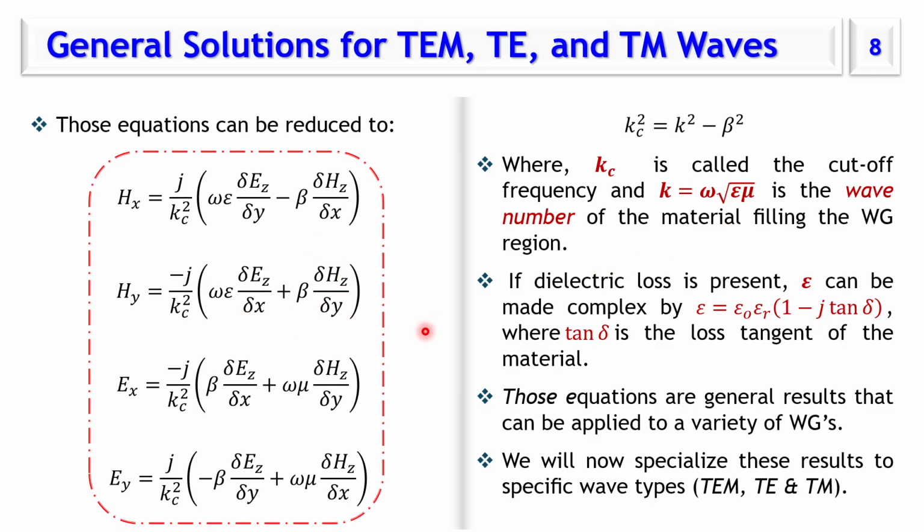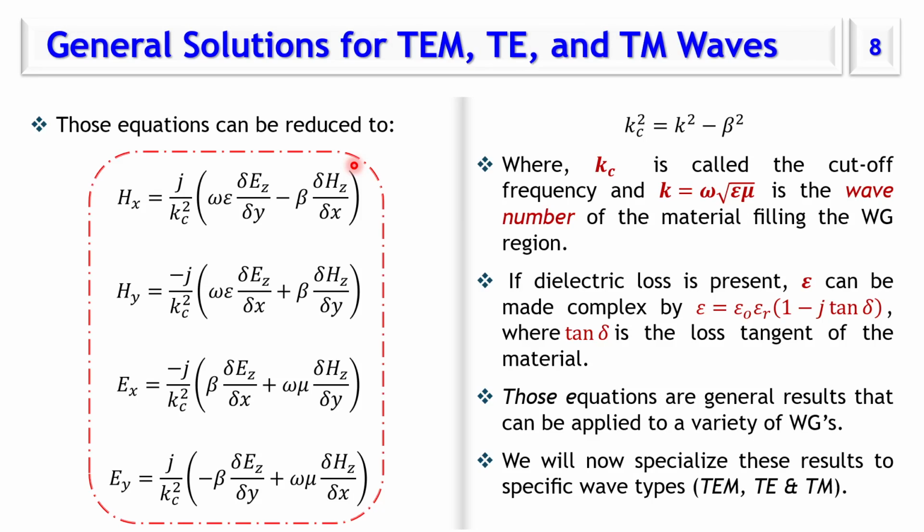So far, those equations are general and can be applied to any waveguide. So what will the difference between waveguides be? Different waveguides impose different boundary conditions. Those equations here are valid for any waveguide, and what makes a difference from one waveguide to the other is the boundary conditions. So those are the general equations of the wave propagating inside a waveguide with the conditions that we said.